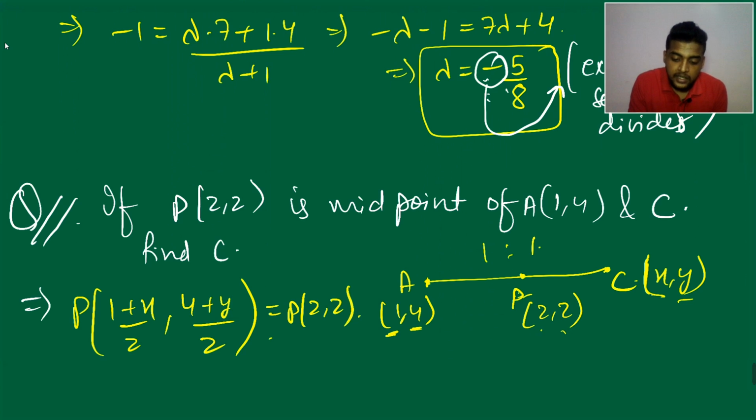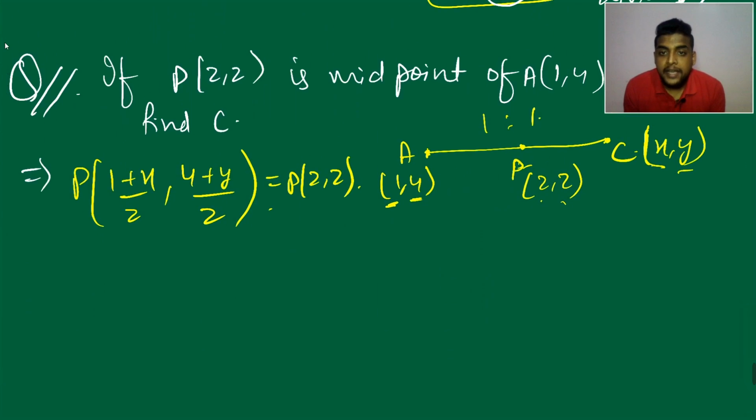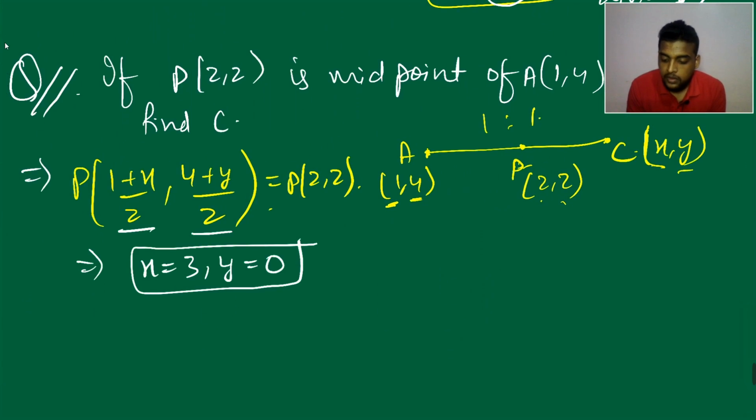So can I say (1 + x)/2 = 2 and (4 + y)/2 = 2? If you solve this, we get x = 3, y = 0. This is how we got (x, y). Any problem? No. So this is how we got it.